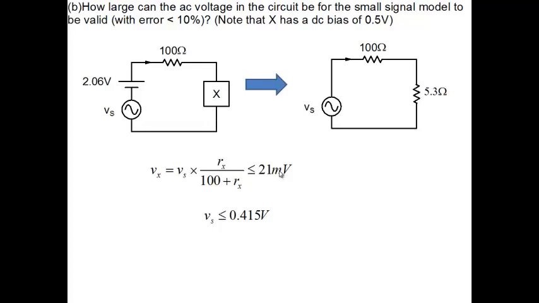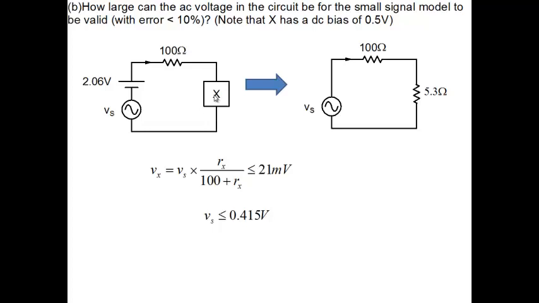This is what we did for element X. How small should the value be so that the small signal model is valid? We said 21 millivolt, but that's across element X. It does not say how small the voltage Vs should be. Note that element X may be a very nonlinear element, so to use a small signal approximation, you may want the voltage across X to be very, very small because you're approximating it by linear.